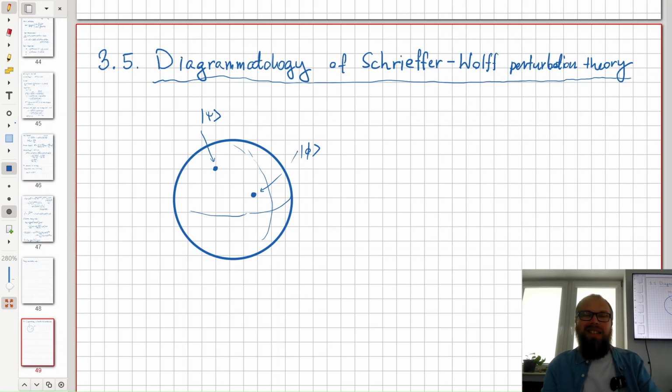Now a unitary transformation would go from one to the other. But you can see there are a lot of ways to do it, right? For example, you could go first here, and then here, so it would be a rotation around one axis, and then a composed rotation about another axis.